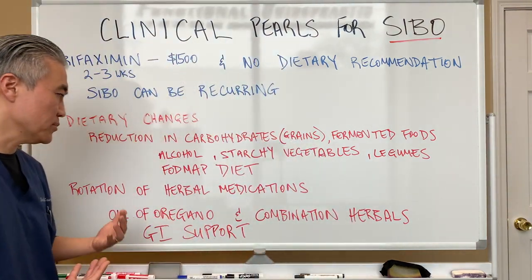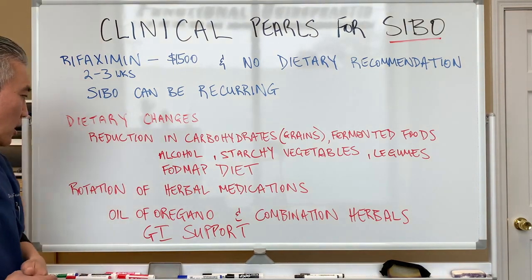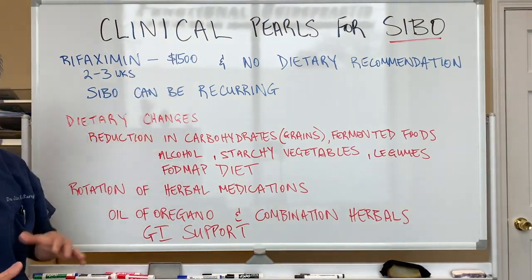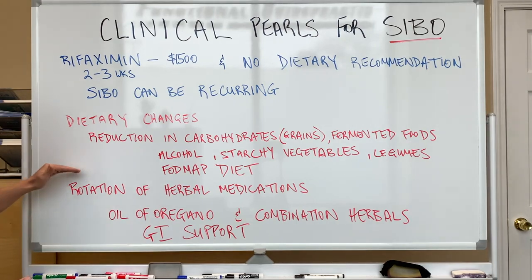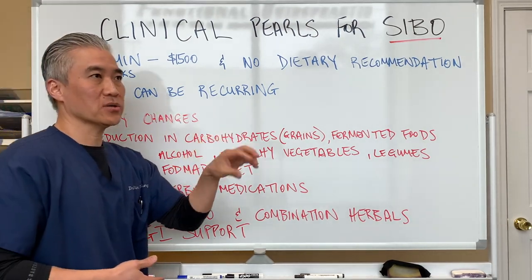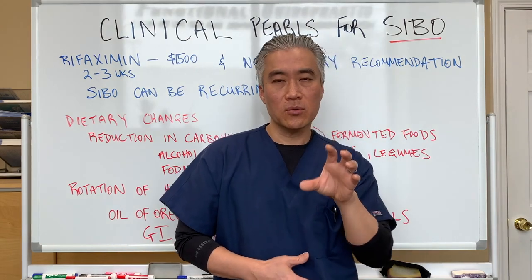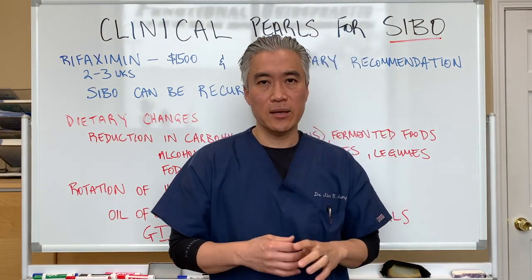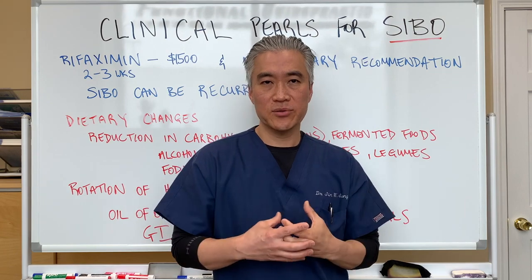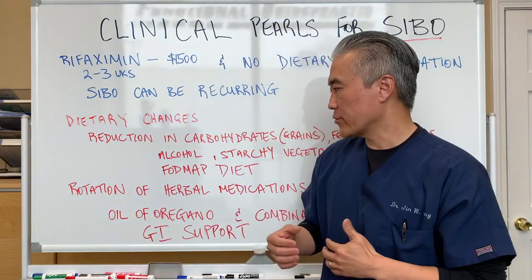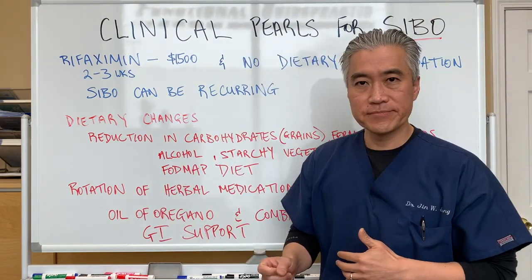However, with functional medicine or nutrition, it's much more affordable than the $1,500, right? So what we do is we take patients on a FODMAP diet or more of a SIBO-specific diet, eliminating some things. And then we will go after it with herbal remedies.